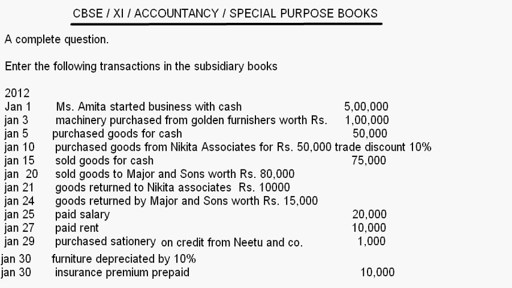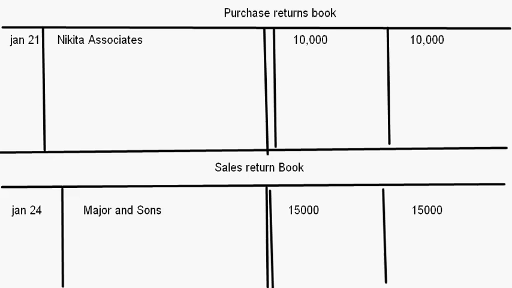This is, we are purchasing a machinery, not a furniture. So this is machinery depreciated by 10%. The cost of the machinery is 1 lakh, so 10% on that comes to 10,000 rupees, right? So here in the journal we will write this entry.